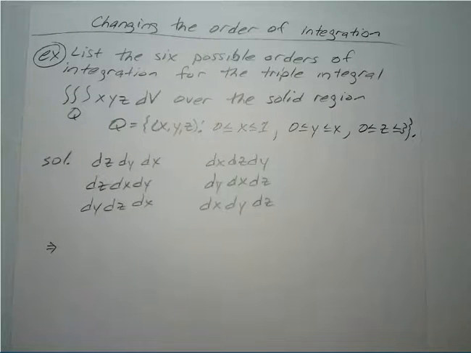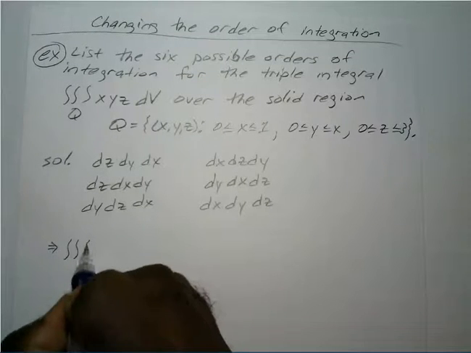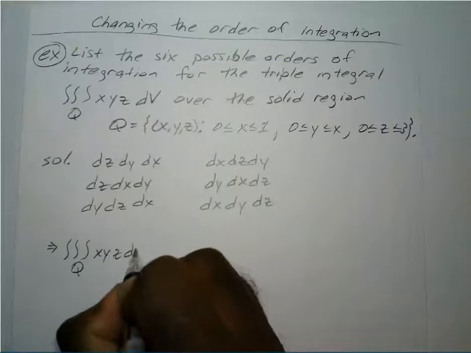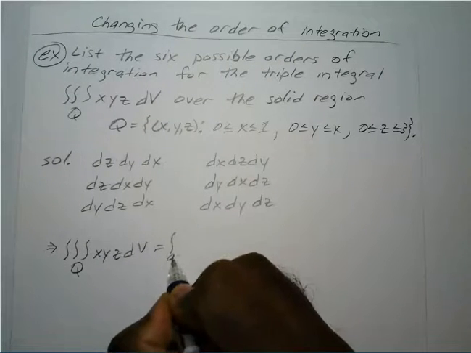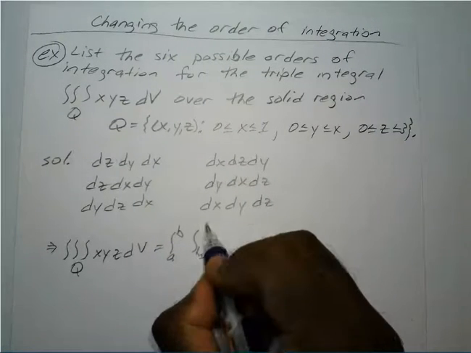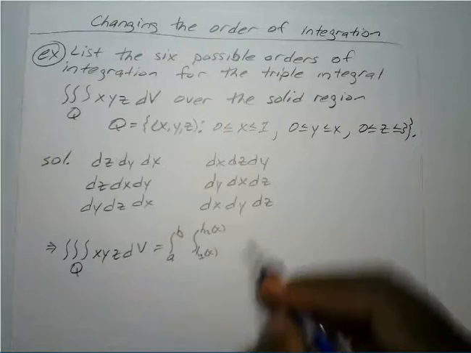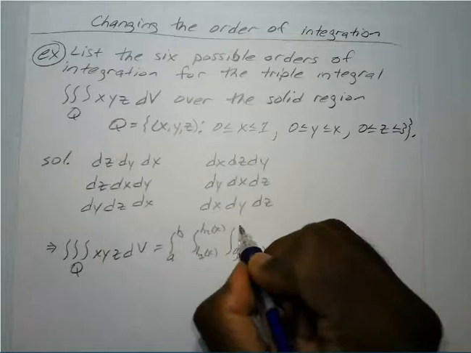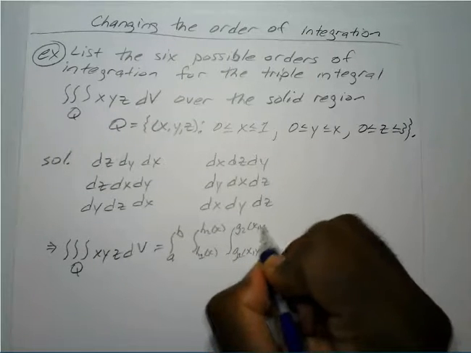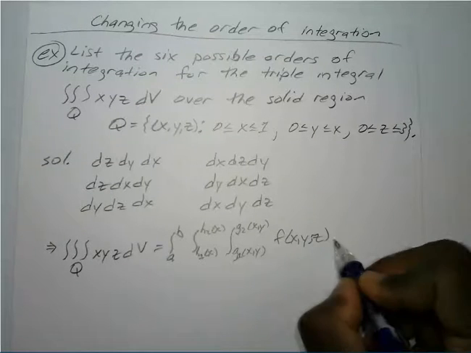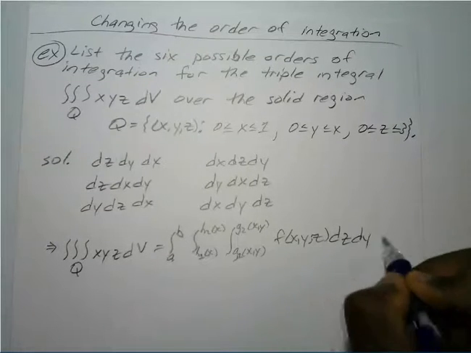So, starting with our first order, this is where I always start, just to have some place. Remember the formula from A to B, H1x, H2x, G1, xy, G2, xy, of f of x, y, z, dz, dy, dx.